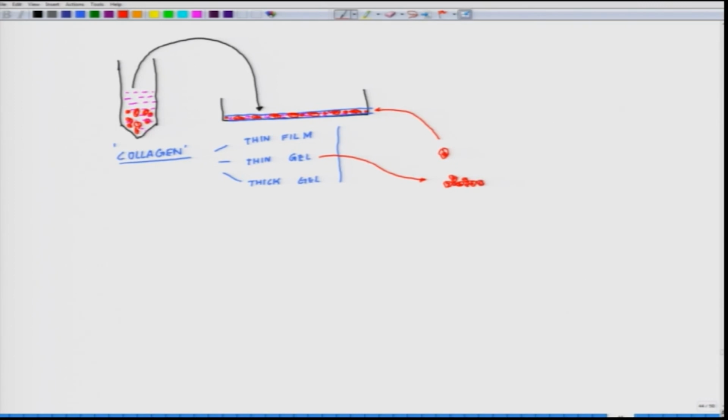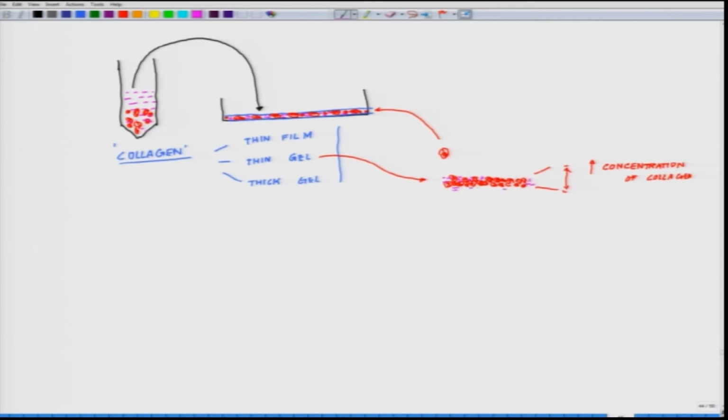So increasing the concentration, in other words, you are introducing a depth feature by increasing the concentration of collagen, and thereby you are bringing more collagen molecules close in.